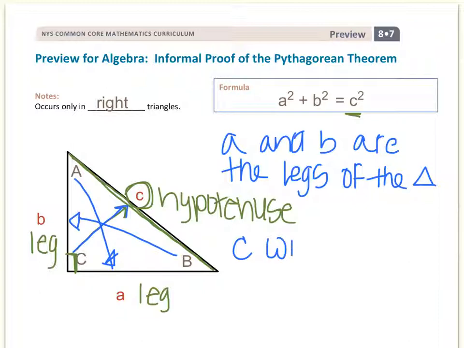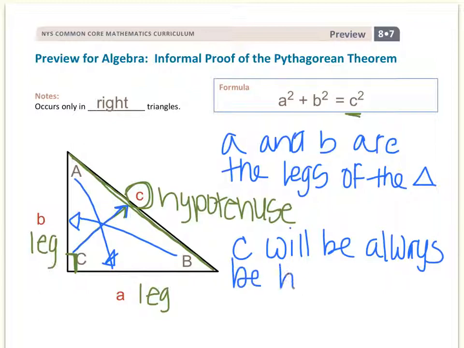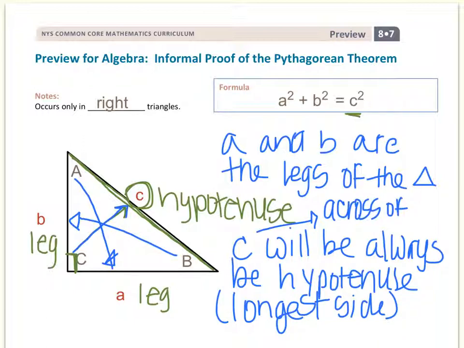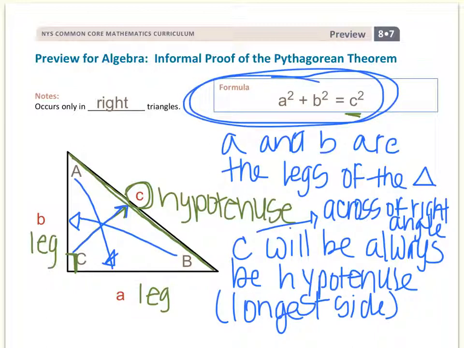C will always be the hypotenuse, which is the longest side, and it's always across from the right angle. Okay, so this formula is something that we're going to get really comfortable using.